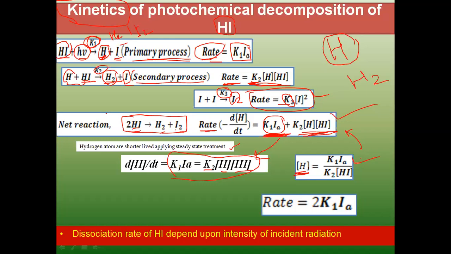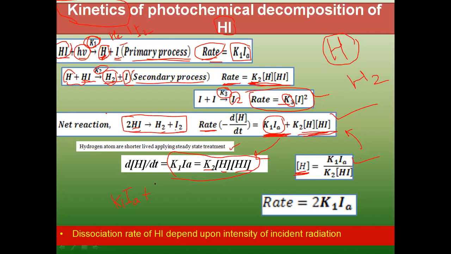So if you put this value in this equation, then you can get such type of equation like here: K1 Ia, okay, plus K2 H and HI.